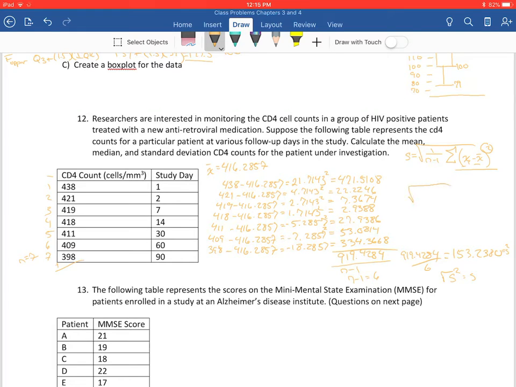So we take the square root of 153.2380, and then we get our standard deviation is equal to 12.3789. So one thing always to keep in mind here is before we take the square root, that is called the variance. That's s squared. To go from s squared to s, you take the square root, which is what we do in the formula, and you get your standard deviation.